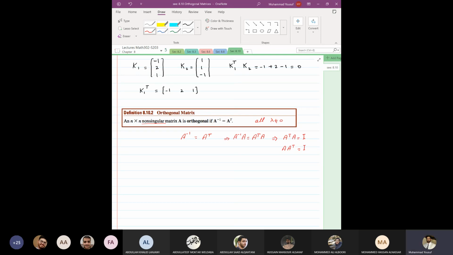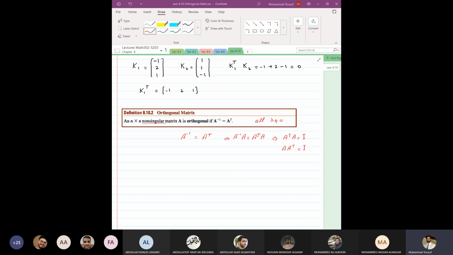And a result, a theorem, which is based on this definition, is that if we have an n by n non-singular matrix A. Whenever you say anything about an orthogonal matrix, it should be in your mind that it is a non-singular matrix, because for a singular matrix, A inverse does not exist.